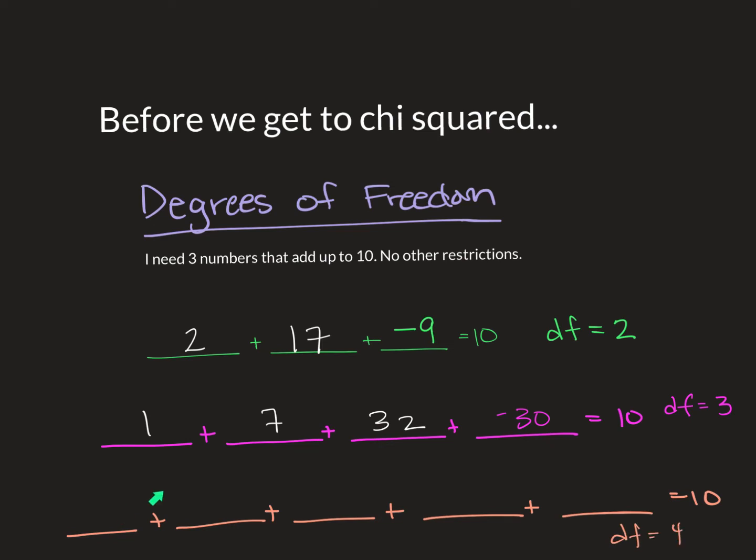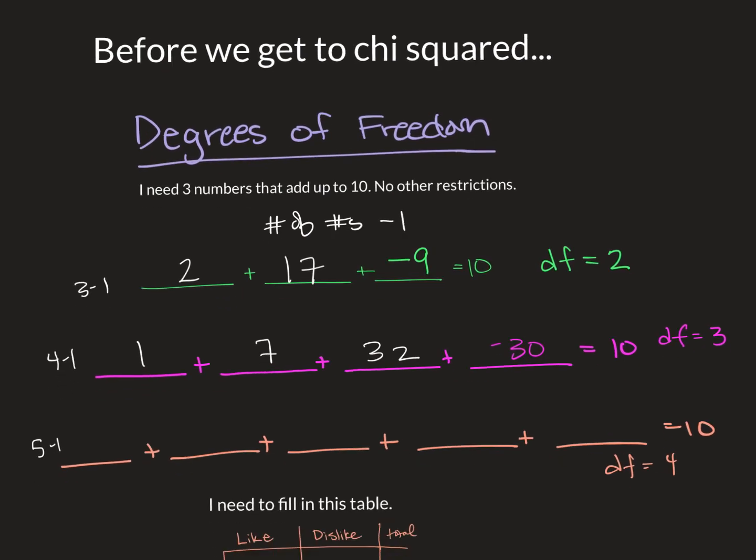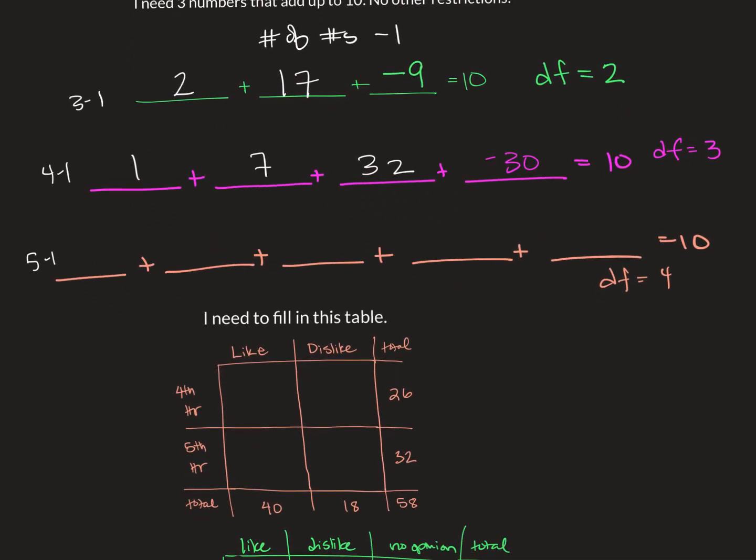I could pick the first 4, or any 4 really, and then the last one, whatever I have, I would have to select. So I have increasing degrees of freedom. And you'll notice in this case, it is the number of numbers minus 1. In this case, it was 3 minus 1. In this case, it was 4 minus 1. In this case, it would be 5 minus 1. That pattern would hold. When we get into tables, it gets a little bit messier.